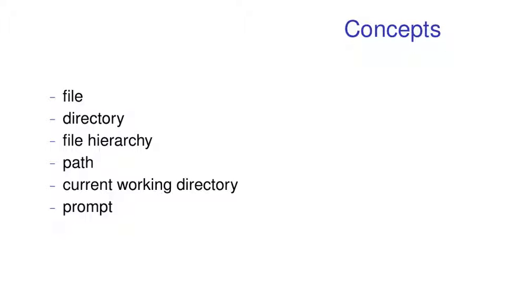A path is a sequence of directory names that we have to follow to get to a file or directory from the start. The current directory is used if no directory is specified, and a prompt indicates that we can enter values, a command, or whatever.